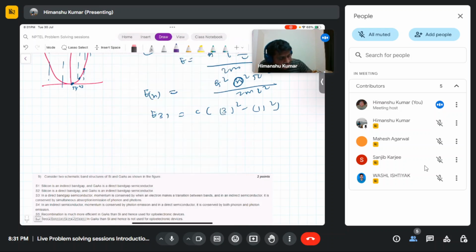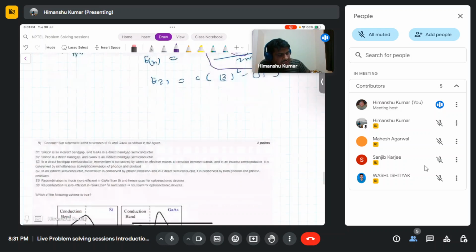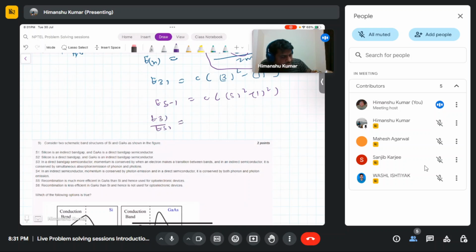Whatever the other terms are, they are constant. Similarly, E from 5 to 1 is C times 5 square minus 1 square. If you take the ratio E31 by E51, the constant C will get cancelled.